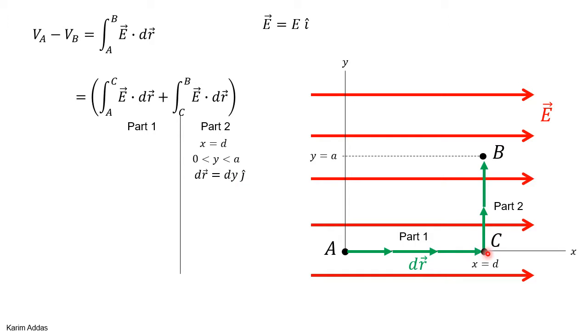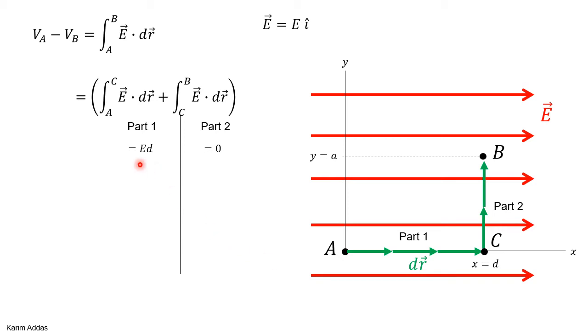The x is the same value at all these points, and the y goes from 0 to small a. So if you plug in the electric field as E i and take the dot product with dy j, the dot product between i hat and j hat is 0. So you get 0. So actually this part doesn't contribute at all to the integration. That's why only the first part contributes to the integration. So the potential difference between A and B depends only on this distance between A and C. It doesn't depend on this part here at all.